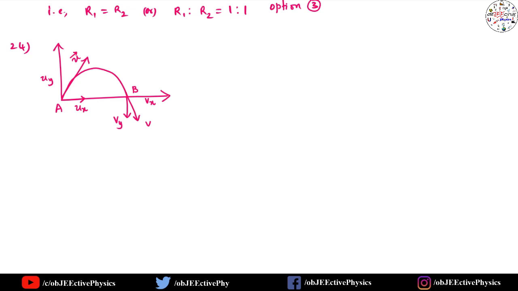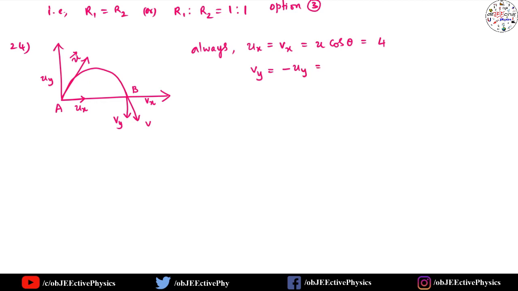Observe the diagram clearly, and in case of projectile, always at all points, horizontal component of velocity is same, that is u cos theta, or this can be written here 4. 4 is given because u bar is equal to 4 i cap plus 5 j cap is given. And Vy is equal to minus uy in the diagram.